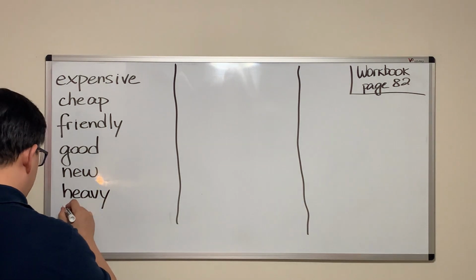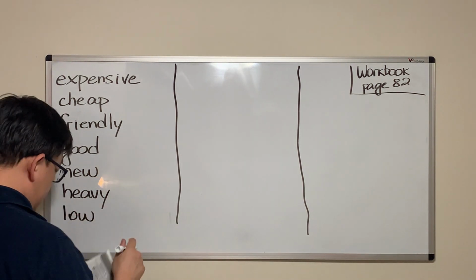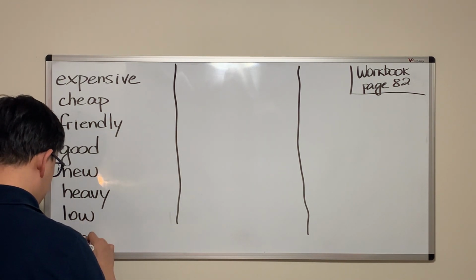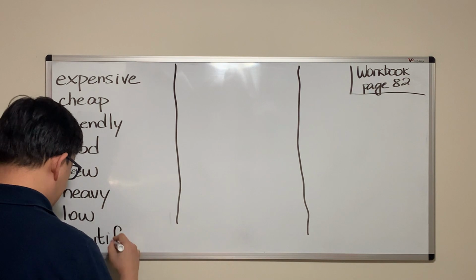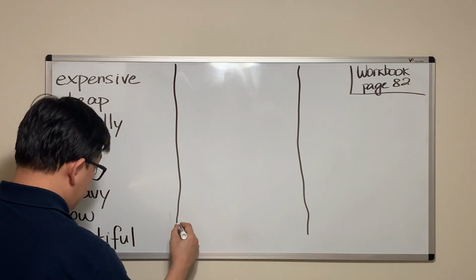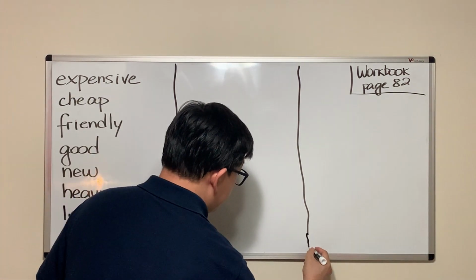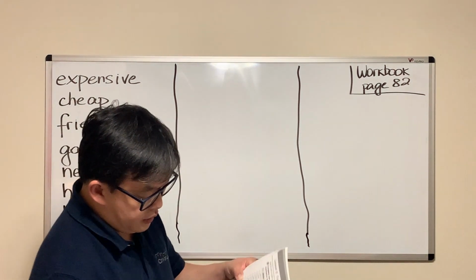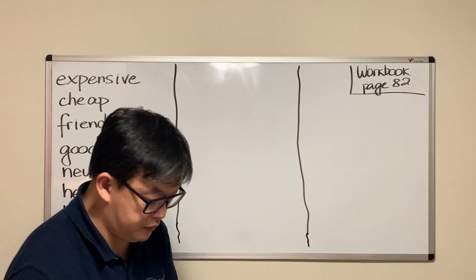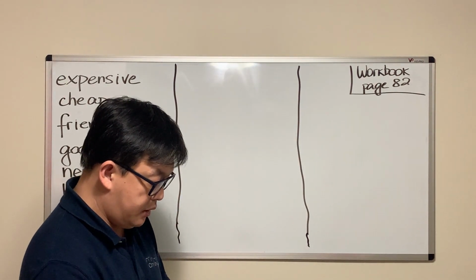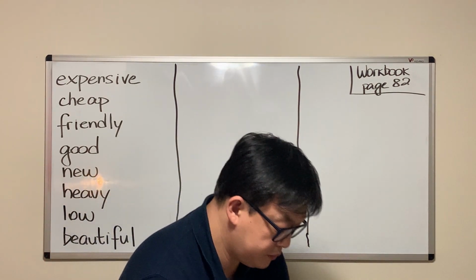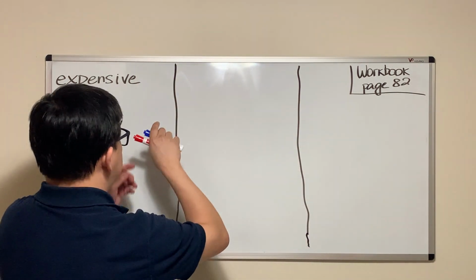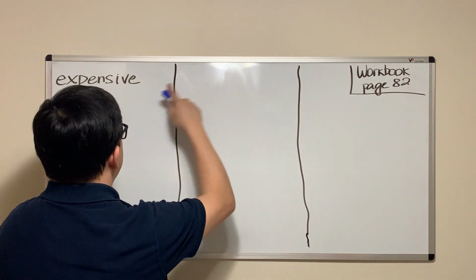The other one is low. And beautiful. Now this is the comparative and the superlative, okay? We don't have to do expensive because we already have the answer in your book.